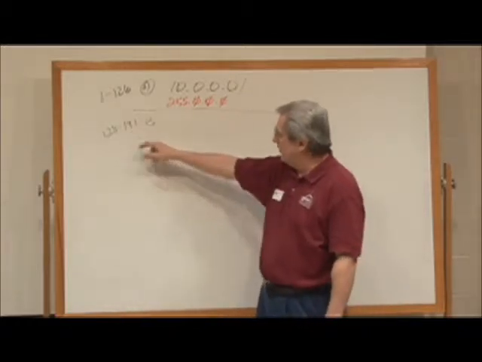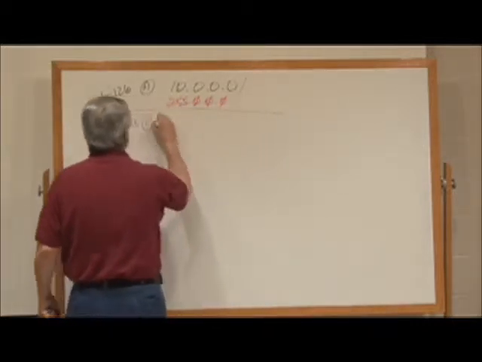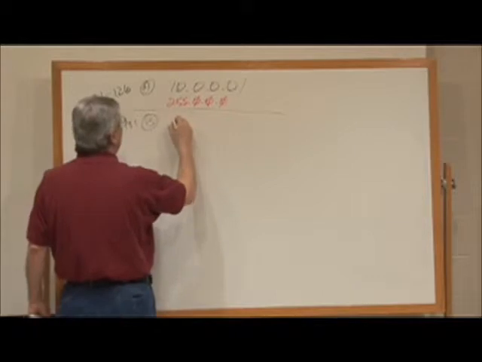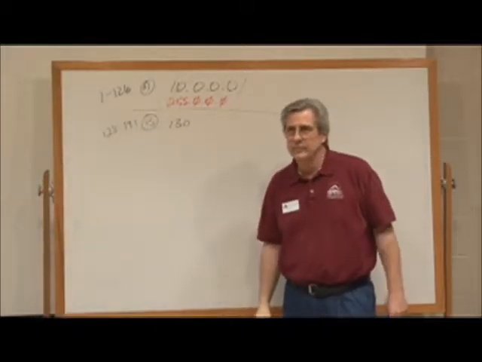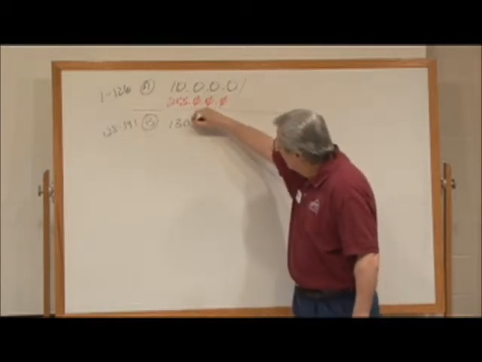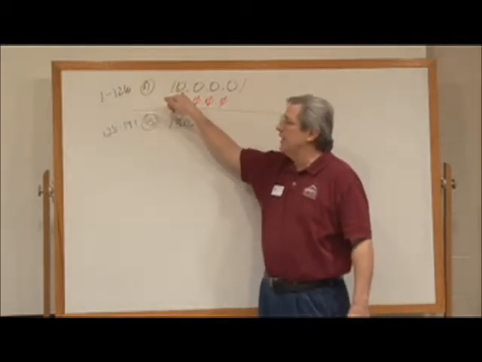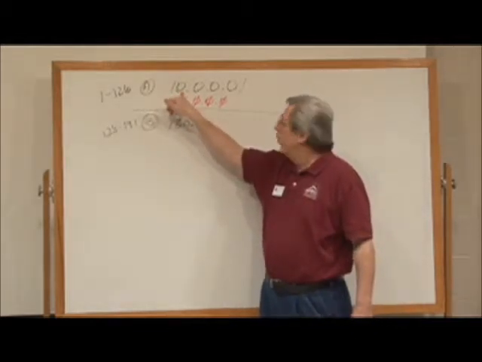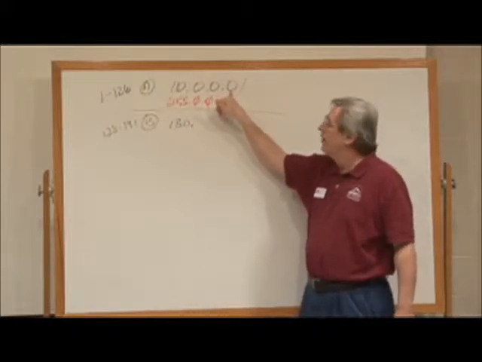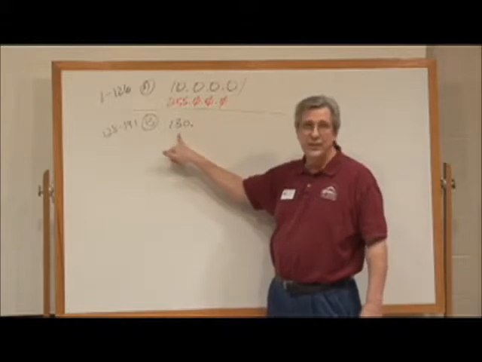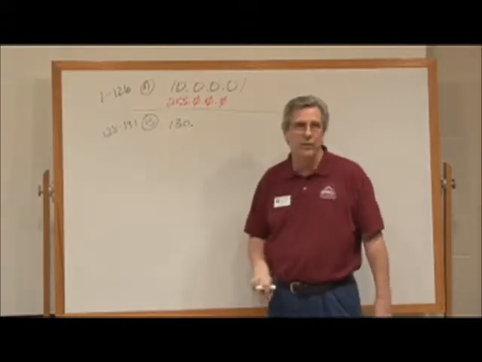So if it begins with a 128 to a 191, the first octet must be within that range, and they might assign you something like 130. But in a Class B, whereas in a Class A they assigned you the first octet, which is the network address, and allowed you 3 octets for a node address, in this one 2 octets are going to represent the network, so they're going to assign you another number.